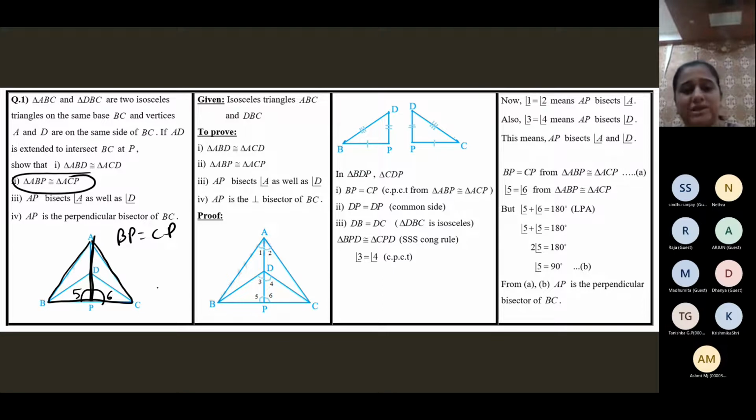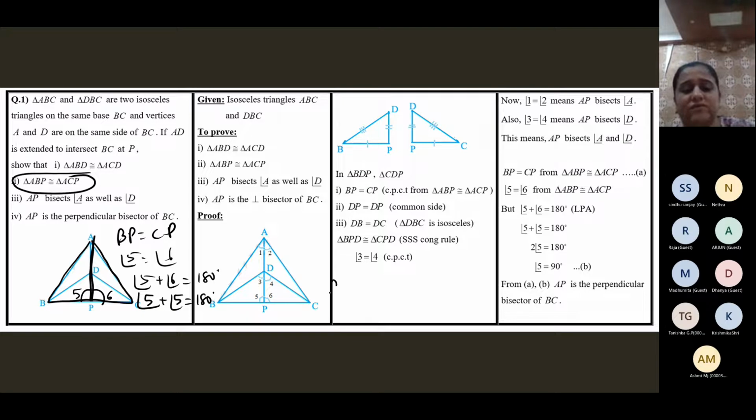But 5 and 6 form a linear pair. Angle 5 is equal to angle 6. But angle 5 plus 6 is equal to 180, linear pair, because the two angles stand on a straight line. But since 5 is equal to 6, angle 5 plus angle 5 is equal to 180. So instead of 6, you can say 5.